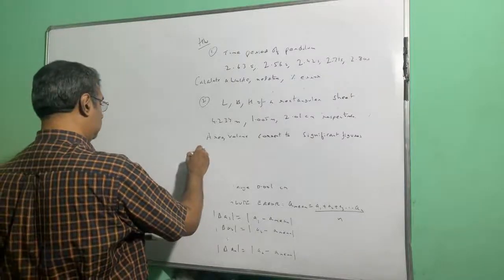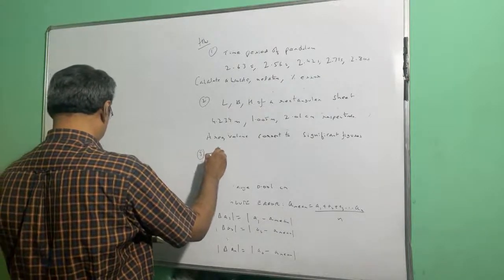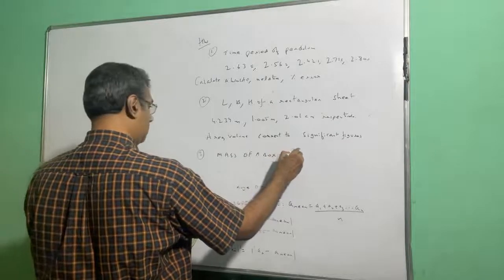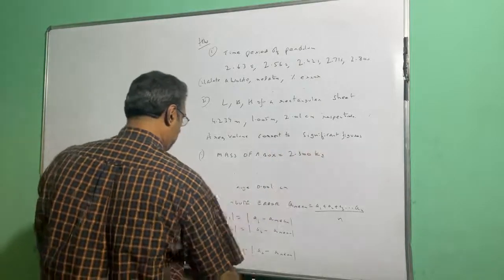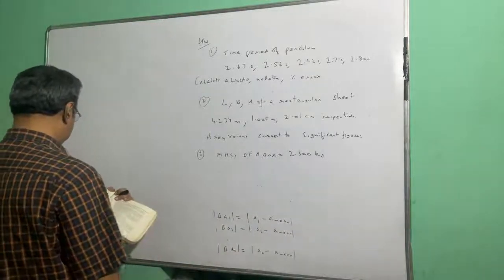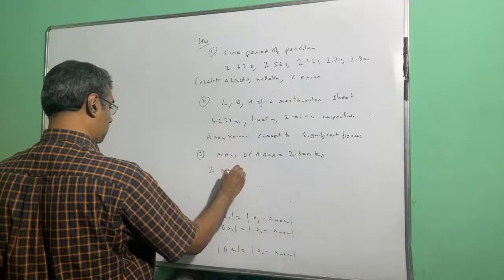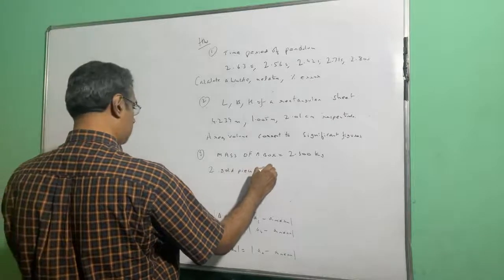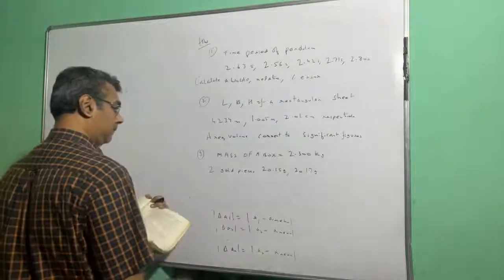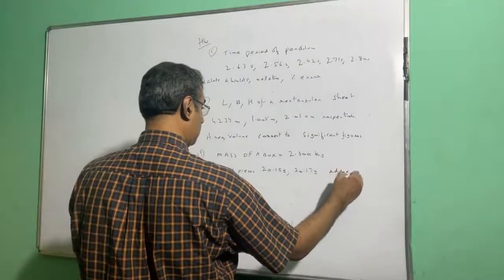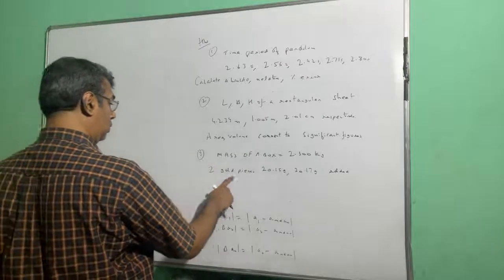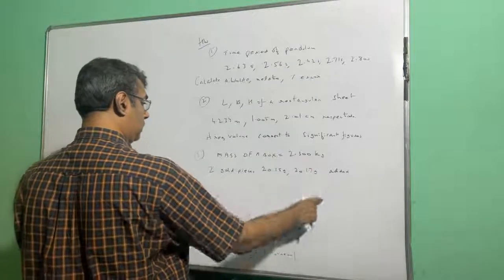Question number 3. Mass of a box is 2.300 kg, and two gold pieces of 20.15 gram and 20.17 gram are added.